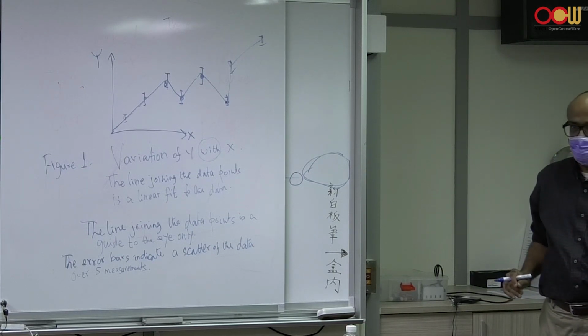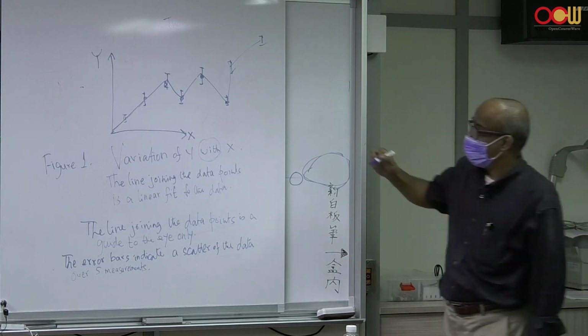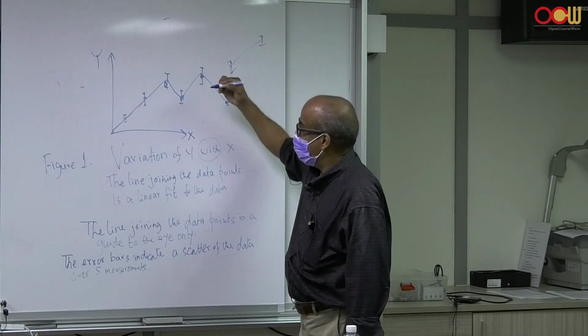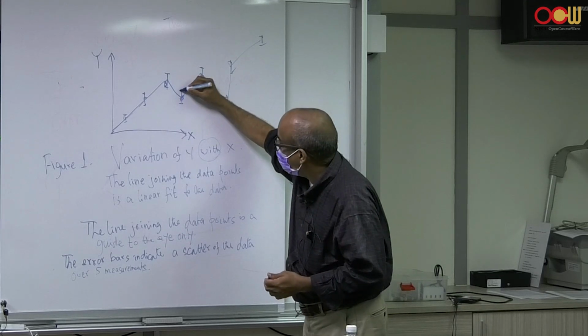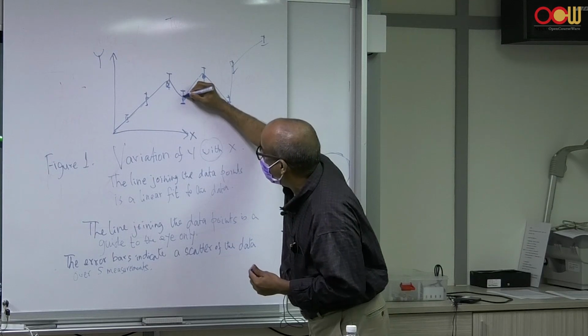There is another way. If you look at the scatter or the error bar, you will see one thing. The data is somewhere and the mean is somewhere. So if this is the extremities of the error bar, the mean is probably here.